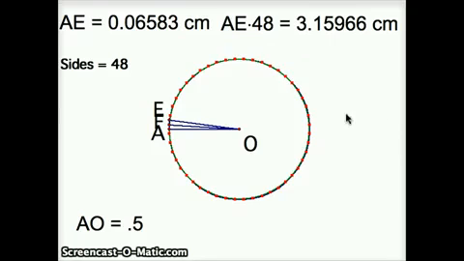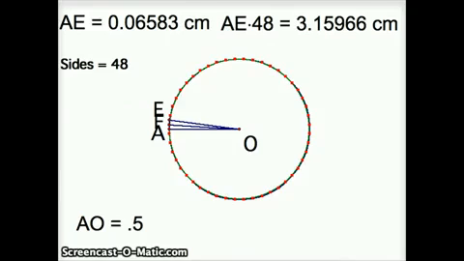And he's going to calculate this again using the angle bisector theorem. He knows that AE is 0.06583. He knows that AO is 0.5. OE you can get with the Pythagorean theorem, and that ends up being 0.50431.